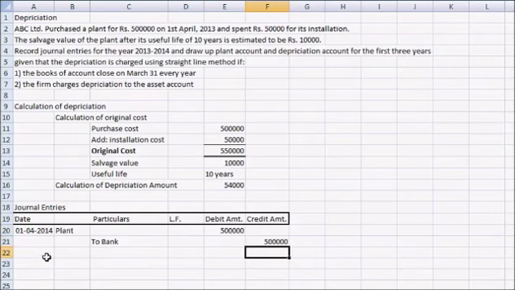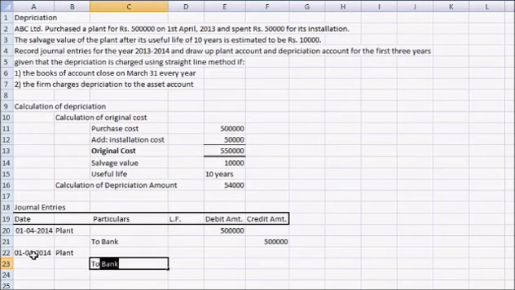So the next entry would be for the installation part. That would again be part of plant, because till the plant is ready for usage, all the costs need to be added to the original cost which we have calculated above.